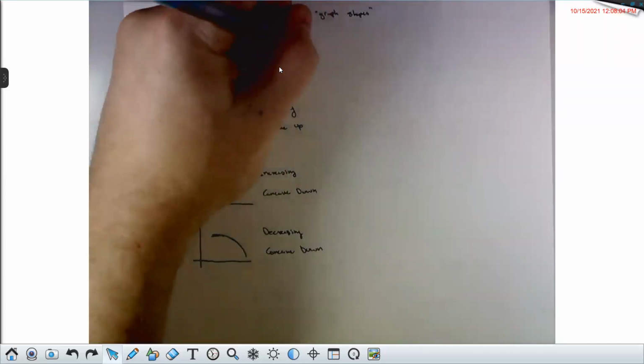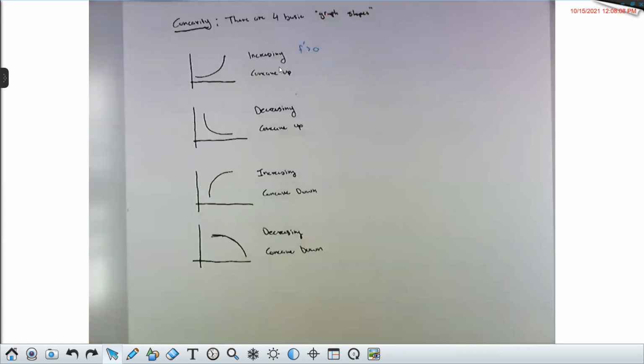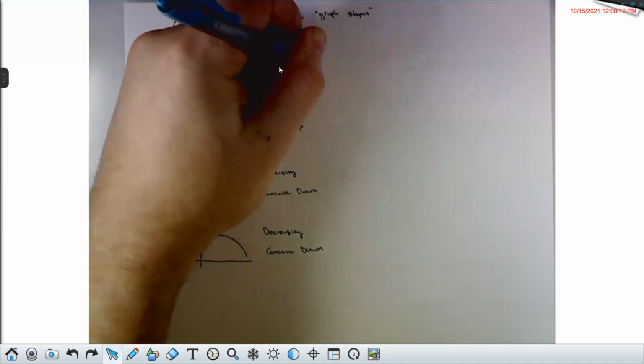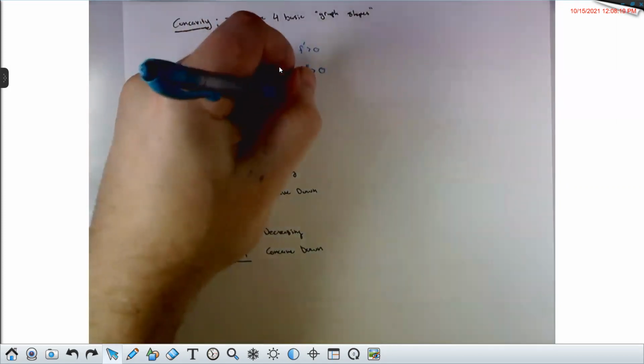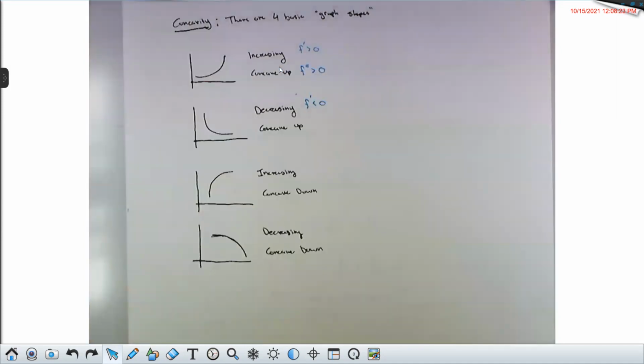So increasing would mean f prime, the first derivative, is positive. Concave up, turns out, comes from the second derivative being positive. Decreasing, we know, is associated with the first derivative being negative.